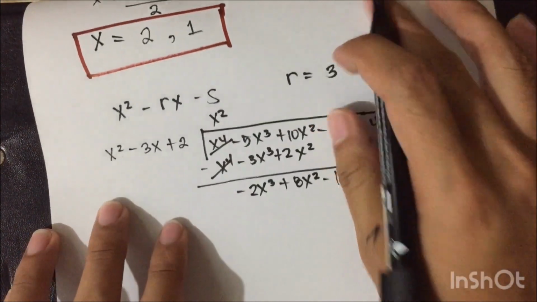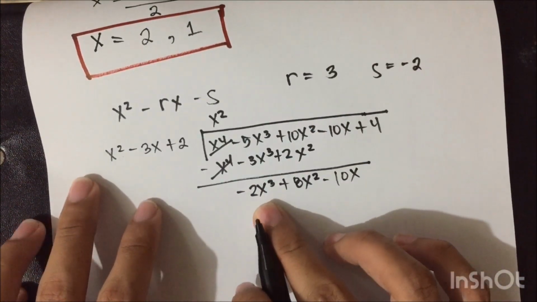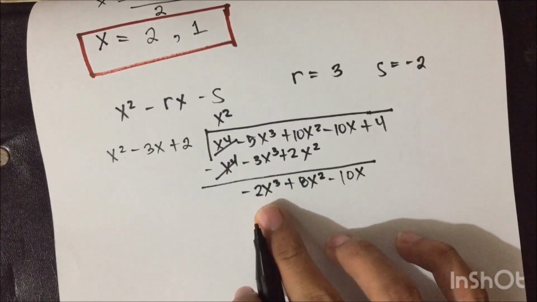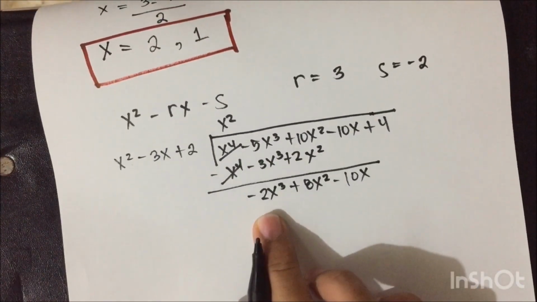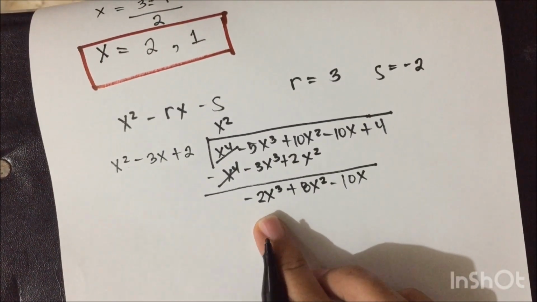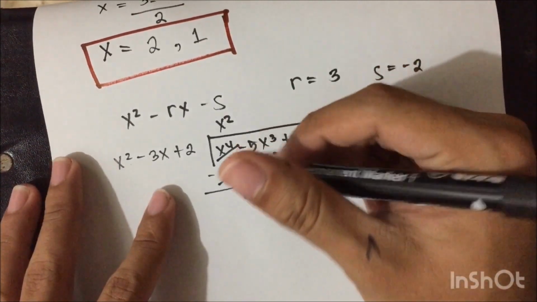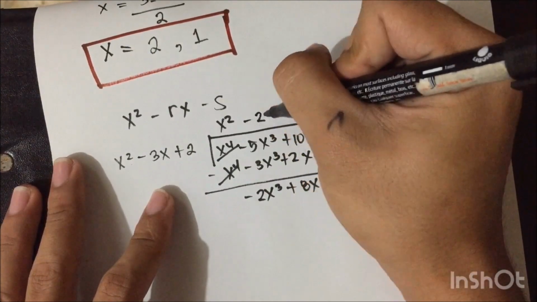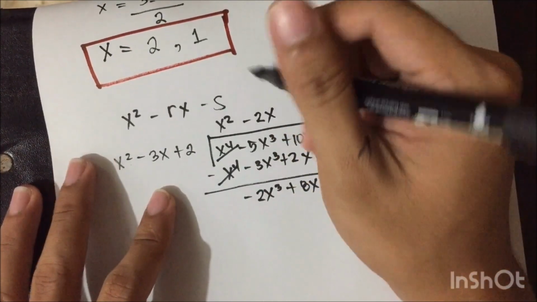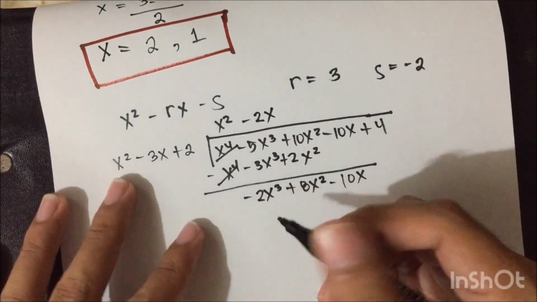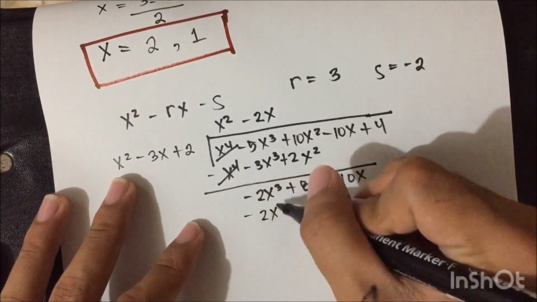So bring down natin tong 10x. So again, ano yung pwede mong i-times dito para makancel yung negative 2x cubed. So pwede dito is negative 2x. Negative 2x times x squared is negative 2x cubed.